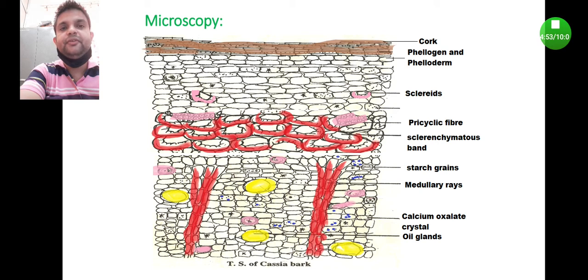So in brief, these are the various microscopical characters found in the transverse section of Cassia bark: cork followed by phellogen and phelloderm, scleroid cell and sclerenchymatous band, which is an important character, pericyclic fiber, medullary rays, then oil glands and starch grains. So these are the various microscopical features present in Cassia bark.